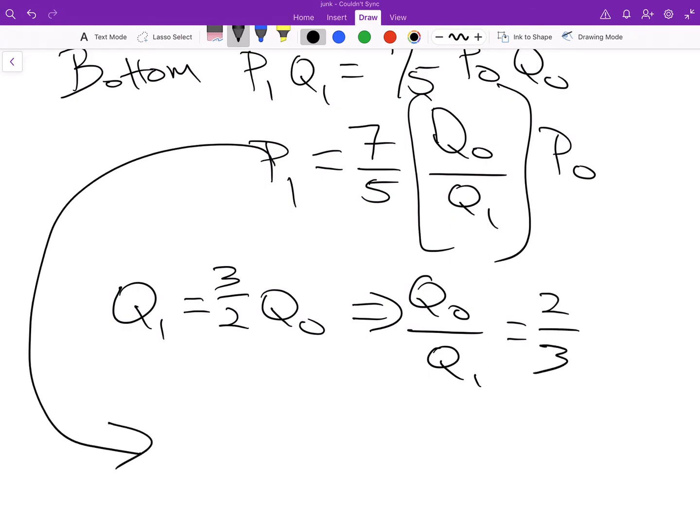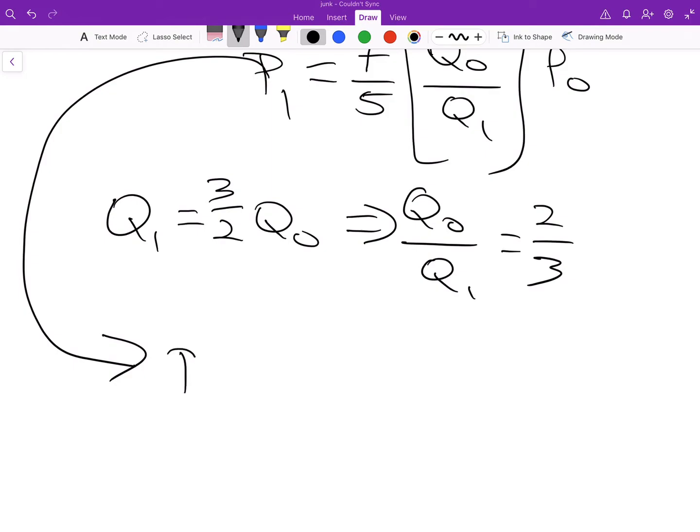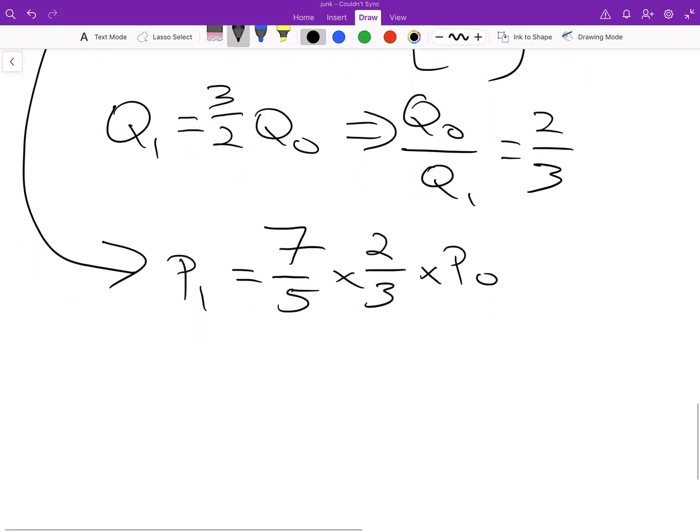So working with this top part here, we can now do P1 is equal to 7/5 times 2/3 times P0, or we can simplify this to P1 is equal to 14 over 15 P0.